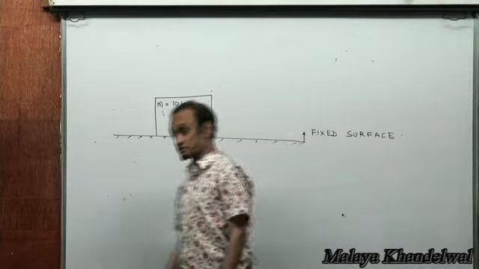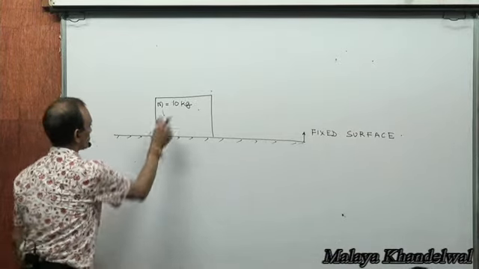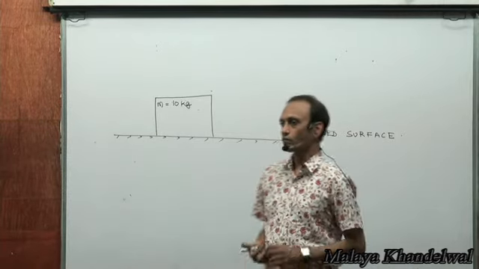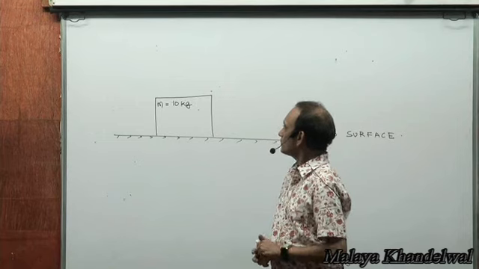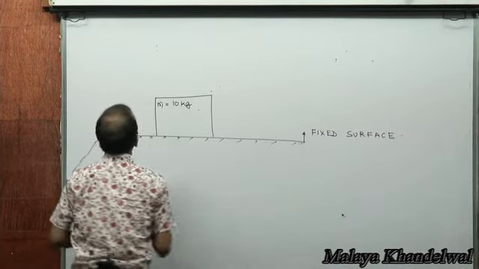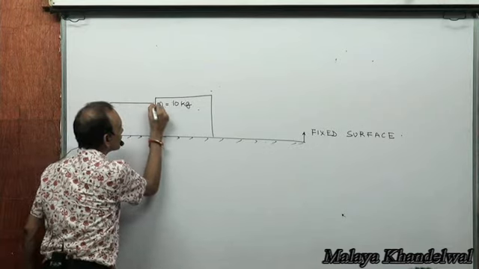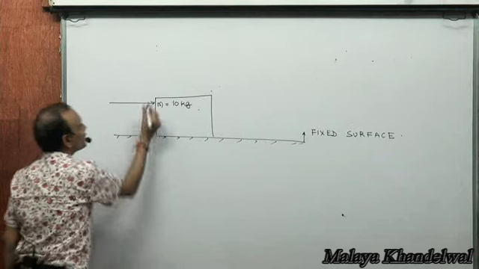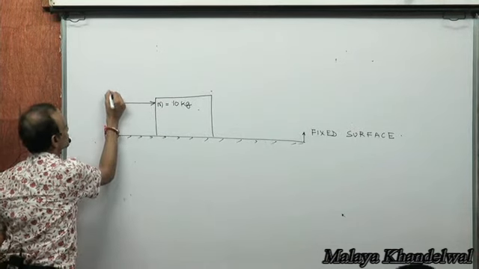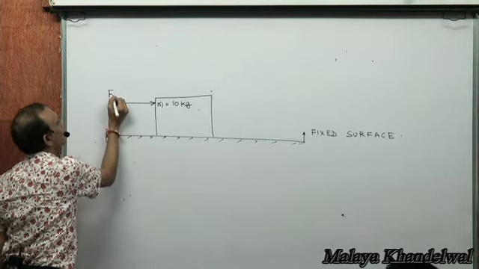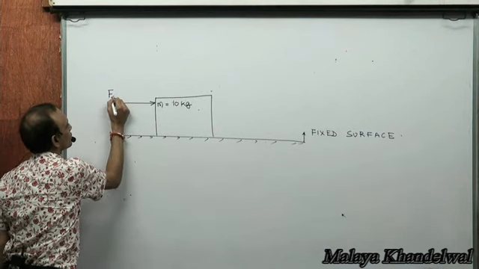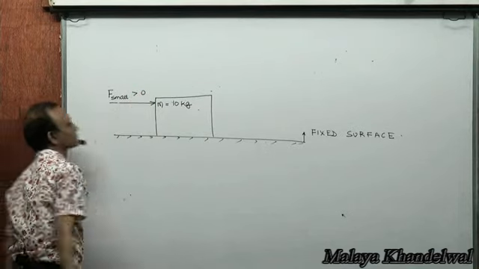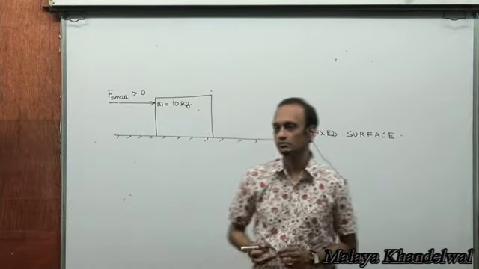Suppose this is my parallel direction and this is my normal direction. In the parallel direction, I apply a small force. I apply a small positive force to the right.